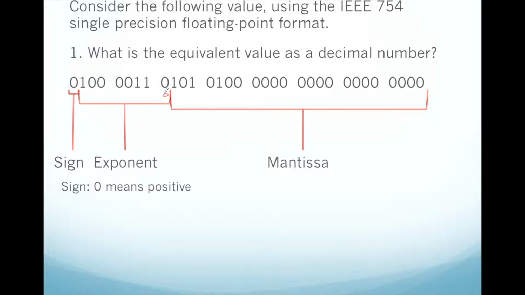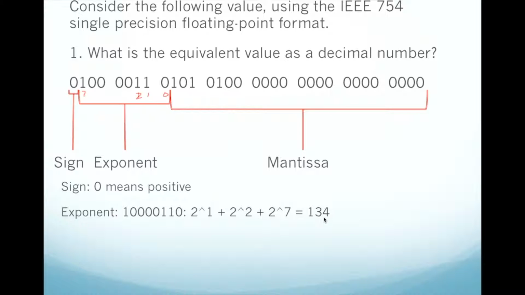This is the 0 spot, this is a 1, this is a 2, and you follow that all the way up, and this will be the 7th. So when you're calculating this number, you simply do 2 to the 1 plus 2 to the 2 plus 2 to the 7th. And as we can see, our exponent will be 134.